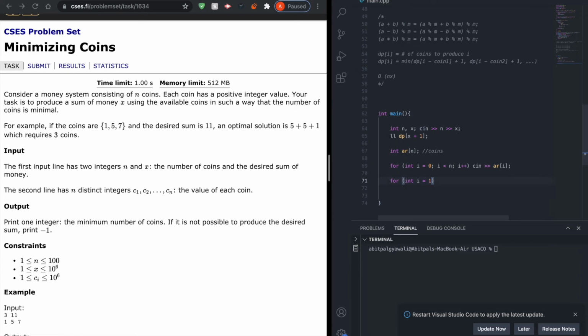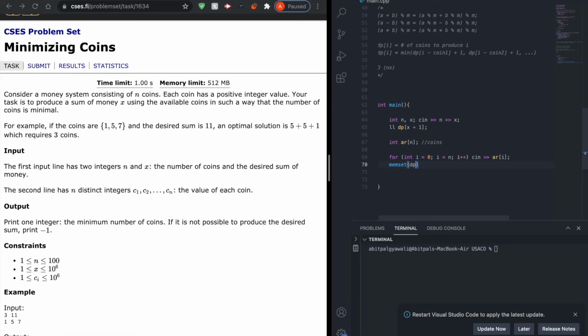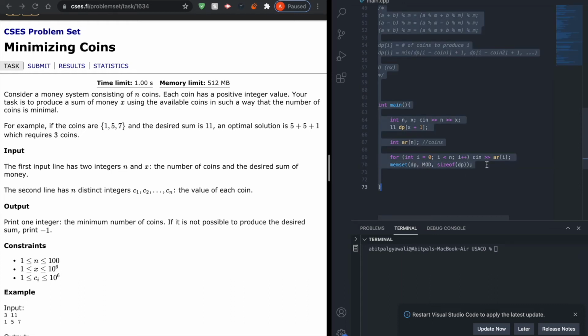For int I equals, actually we want to memset dp to mod. So instead of making it 0 this time, we want the greatest number possible, because we're trying to get the minimum of these values, and we don't want the filler to be the answer.